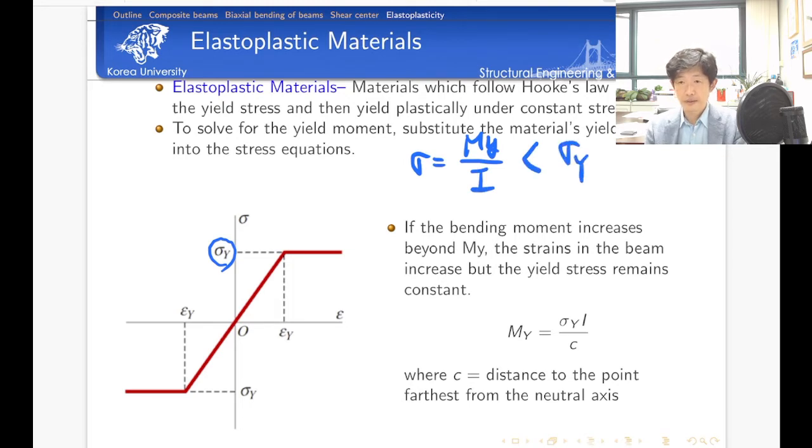In the case of perfect plasticity, if normal stress touches the yield stress value, we call the bending moment the critical bending moment, which causes the plastic behavior.